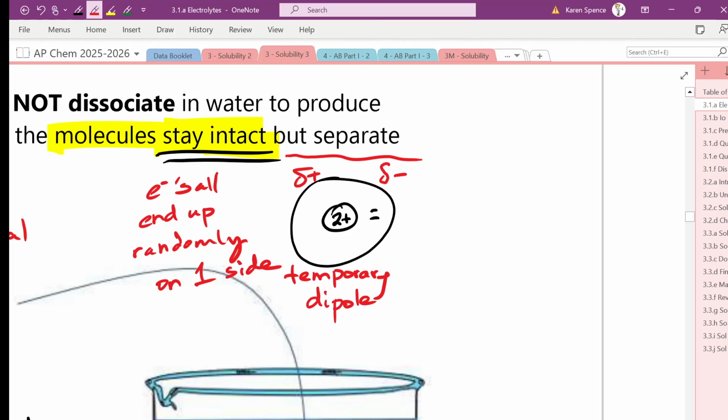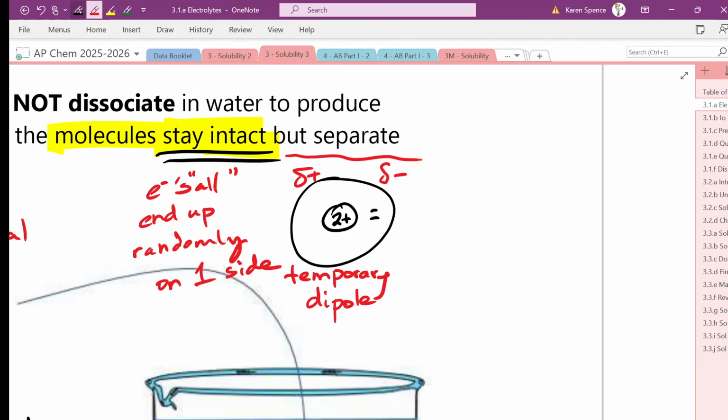Now, I say all. I'm going to put that in quotes because if we had any more than two, it wouldn't have to be all of them. Yes, it could just be the majority. If I had 10 electrons and 8 of them ended up on one side and 2 ended up on the other, that would be enough to cause a temporary dipole. Here it's all because if they were evenly distributed, they'd be on opposite sides. But anyway.